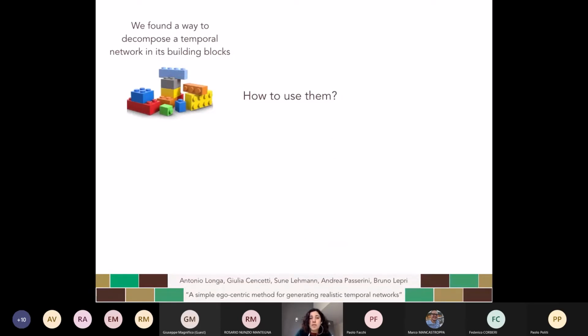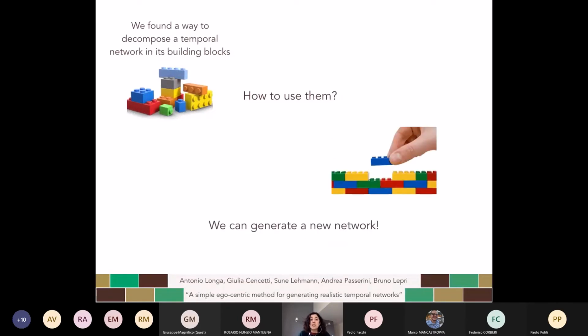Now, how can we use them? Well, we can generate a new network. Why? Well, first of all, it will be a test to understand if these building blocks that we choose really contain some fundamental information about the network.